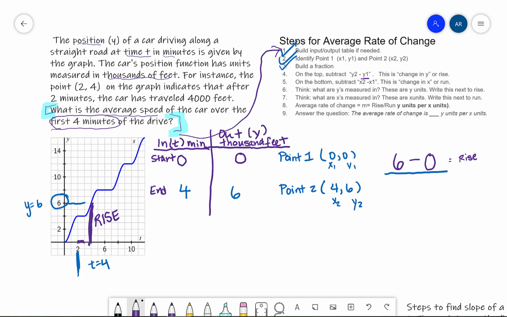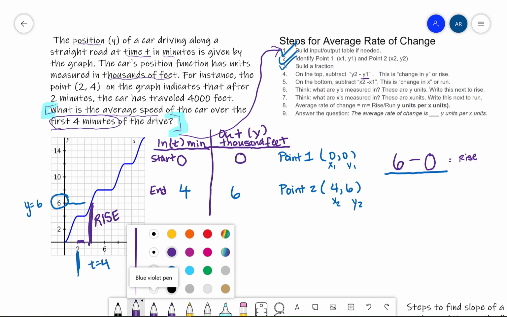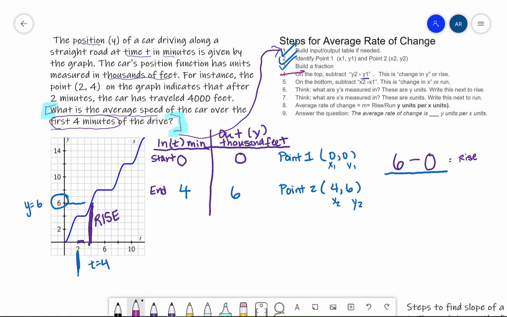All right, next we're going to do our denominator. We're going to find our run because we have finished step 4. On the bottom, subtract x2 minus x1. This is change in x, or run. Our ending x was 4 and our starting x was 0. And that's our run.